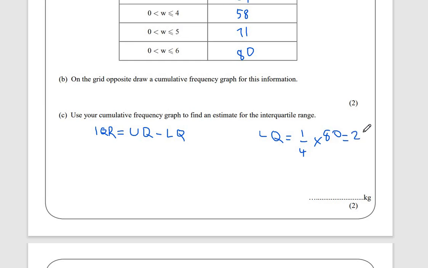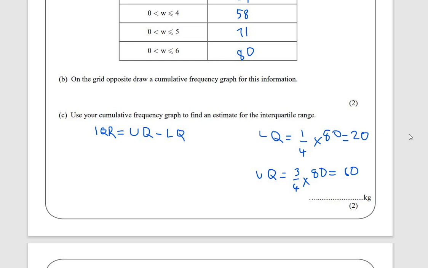So that is 20. And then the upper quartile is at 3/4 or at 75% of the total frequency. So that is going to be at 60.